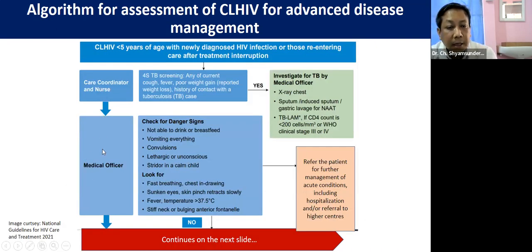Then the nurse may consult with the medical officer, who will check for danger signs: not able to drink or breastfeed, vomiting everything, convulsions, lethargic or unconscious, stridor in a calm child. He will also examine for fast breathing, chest indrawing, sunken eyes, and skin pinch retracting slowly.